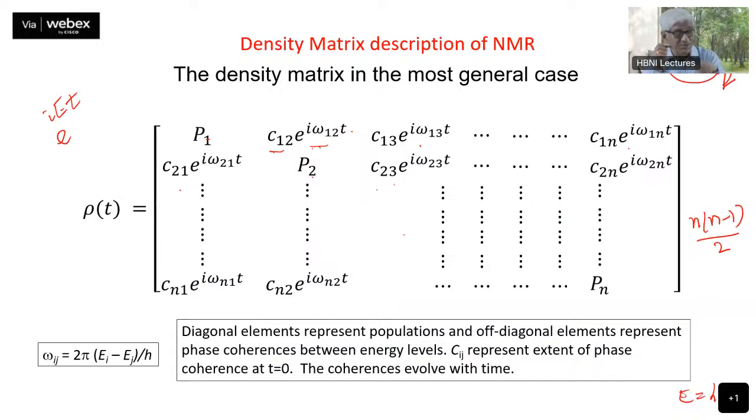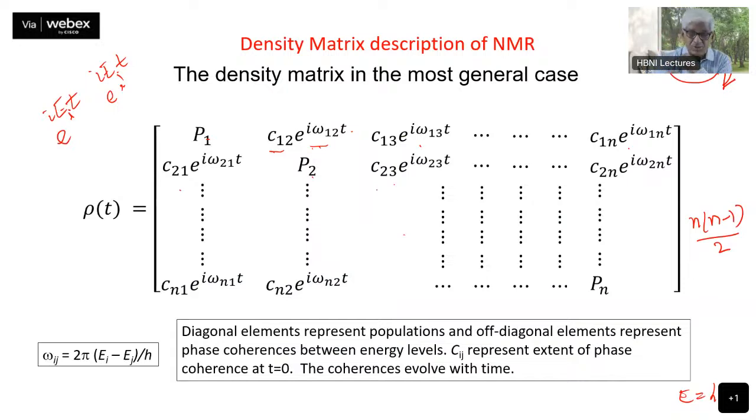One state will be e to the iEit, and the other one will be e to the iEjt. Are these the same? They are not the same. Since Ei and Ej are different, there is going to be a difference in the phase. How does this phase change with time? If I take the phase difference between these two spins, the difference will be e to the i(Ei minus Ej)t. That will be the phase difference between the two spins evolving in the two states.